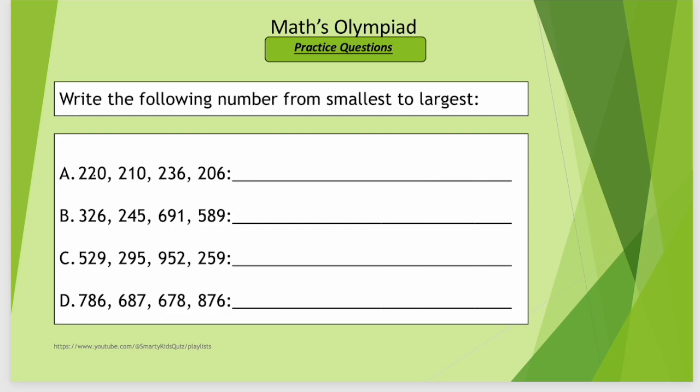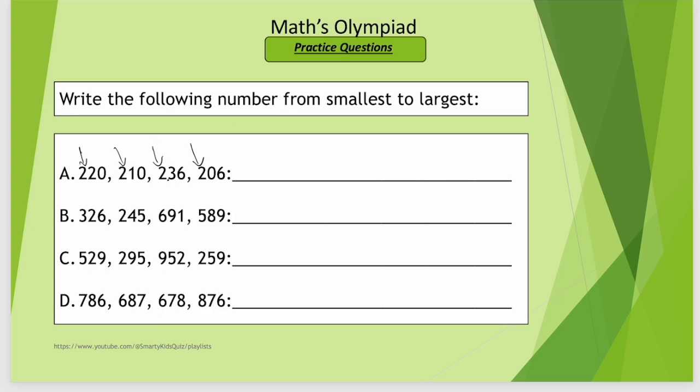So here, what is changing? The hundreds place is not changing. If you see here, it's always fixed at 200. It's not changing at all, right? What is changing? The tens place is changing: 2, 1, 3, 0. So you need to write from smallest to largest.